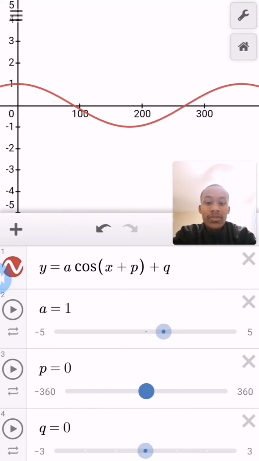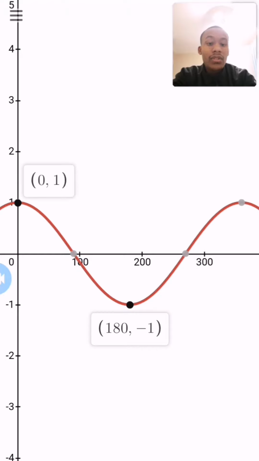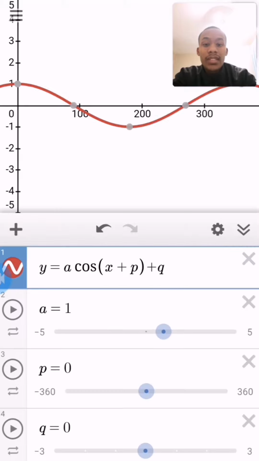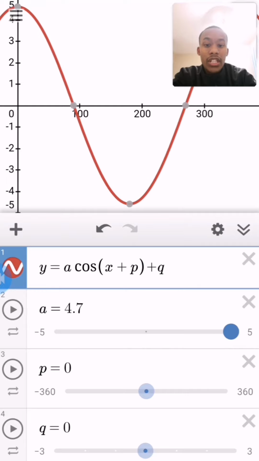So I'll just leave p's value at 0. But notice a cos graph has a minimum point at 180, and it has a maximum point at 0 or at 360 degrees. This is for the regular cos graph. If I increase the amplitude, then that maximum and minimum value changes.